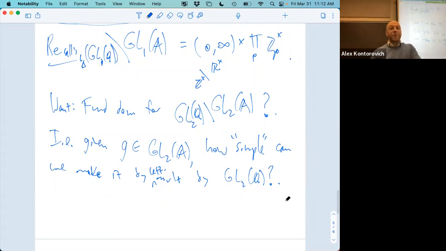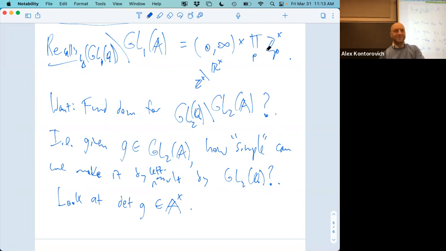All right, so what's the first thing we might want to do? Yeah, let's get rid of the determinant. One of the first things that might be, so let's look at the determinant of G. Determinant of G is an edel. Wait a second. We know a decomposition for edels modulo multiplicative rationals.